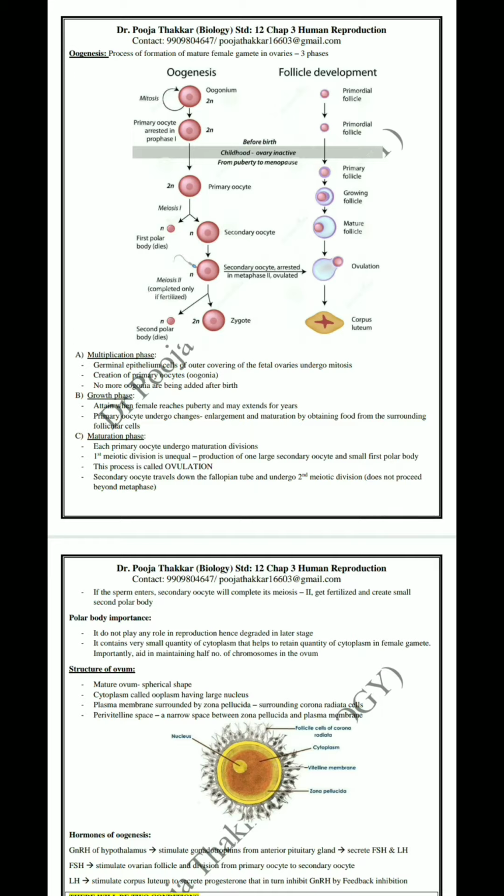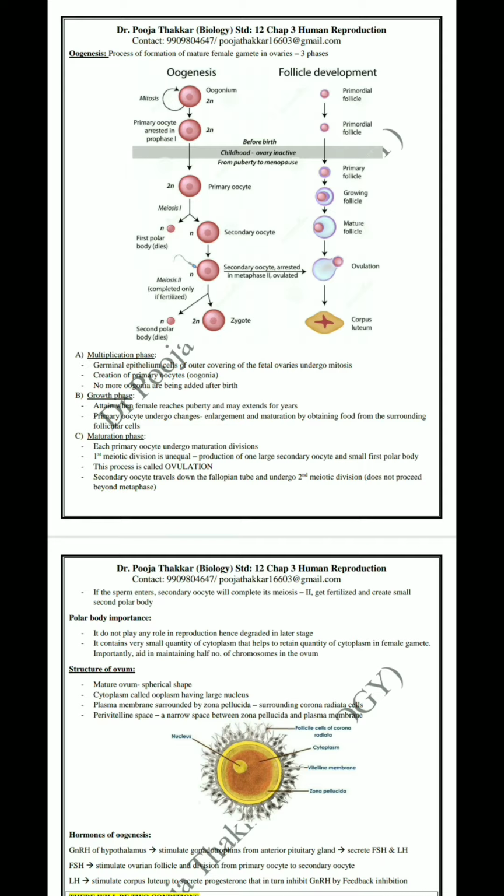Before birth, this process happens inside the primordial follicles, which are primitive, very delicate follicles holding the oogonium or primary oocyte inside.